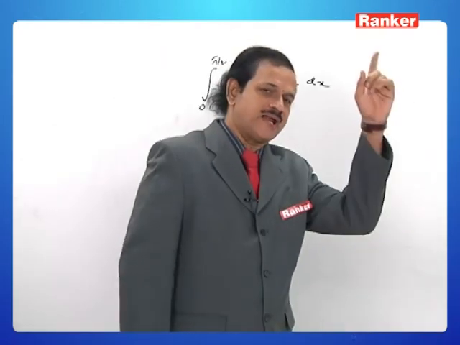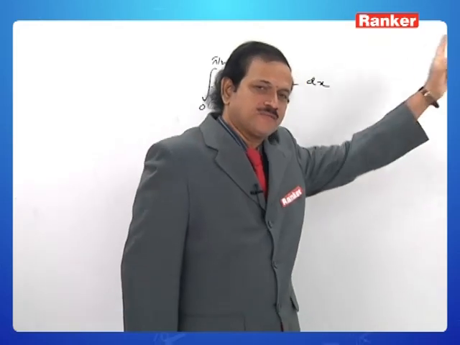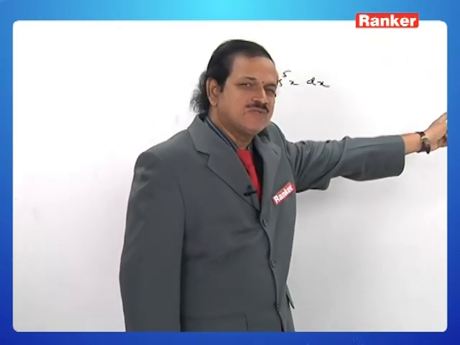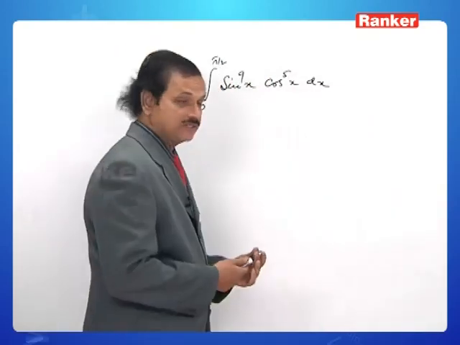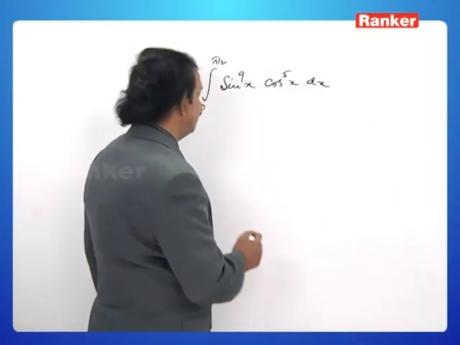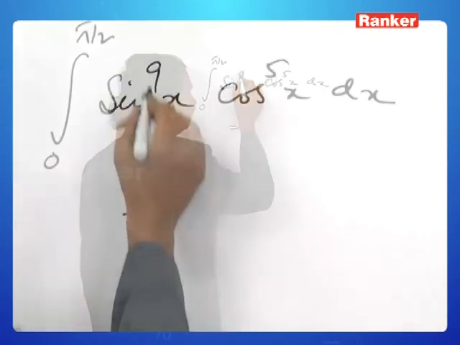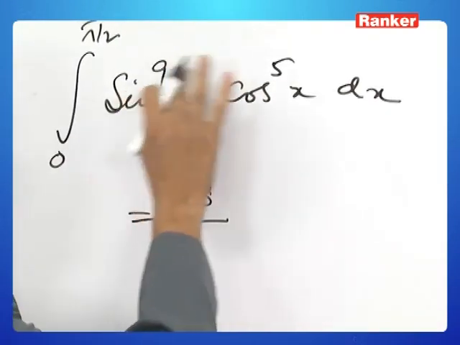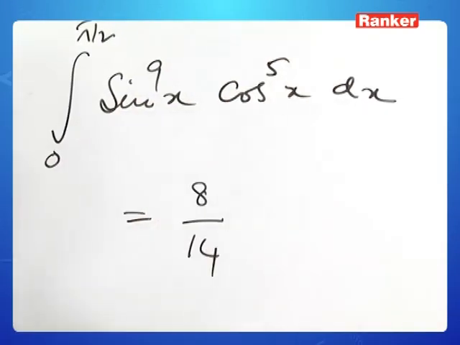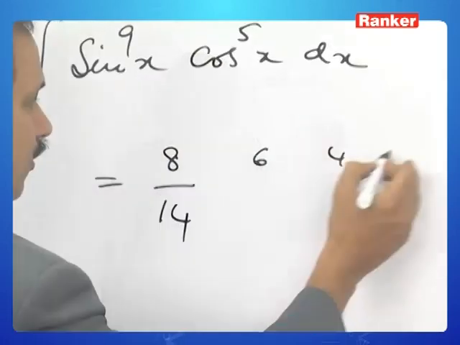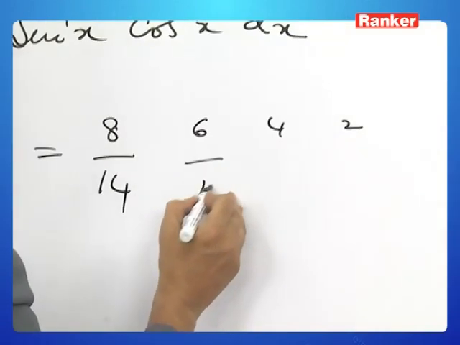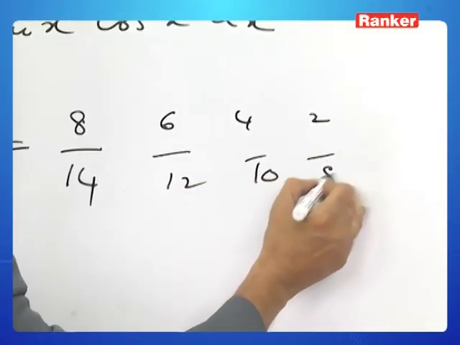The exponent given to the sine function and the exponent given to the cosine function both are odd. What happens in this case? What is the starting step? M minus 1 by m plus n is 14. Decrease by 2: 6, 4, 2, stop. 12, 10, 8, stop.